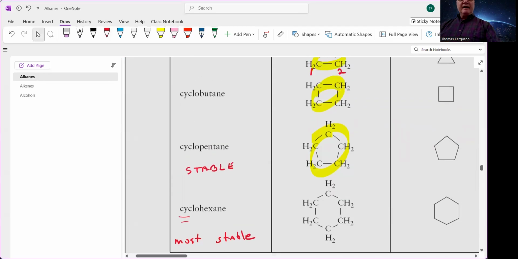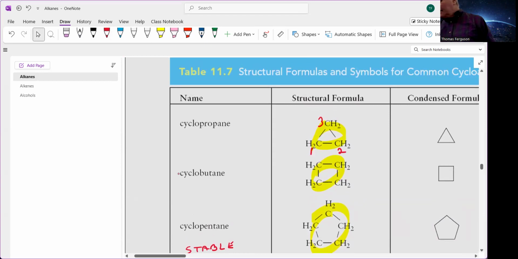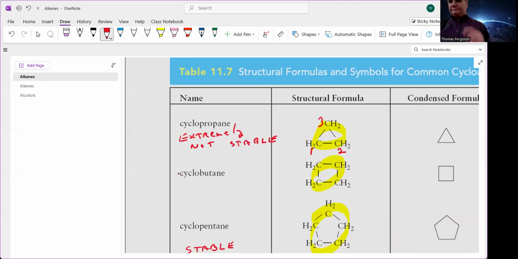As you get lower than that, however, it is extremely not stable.